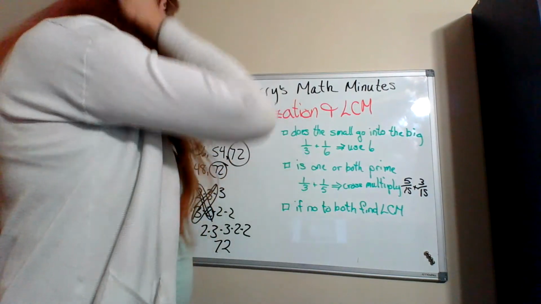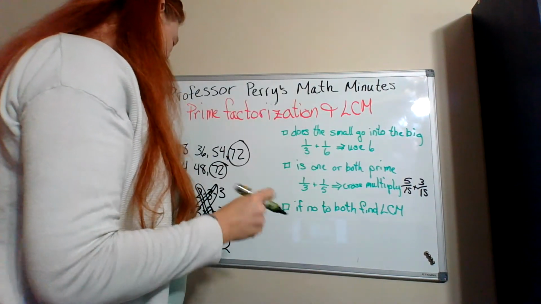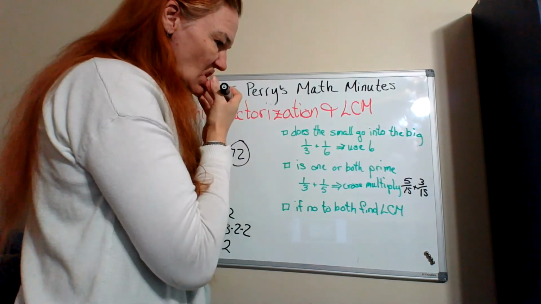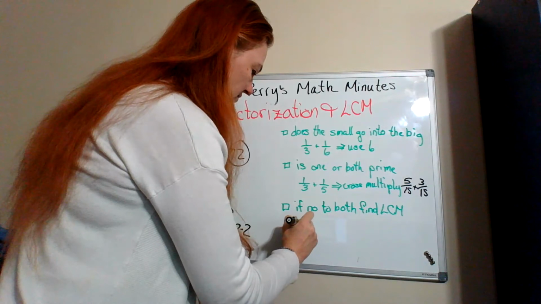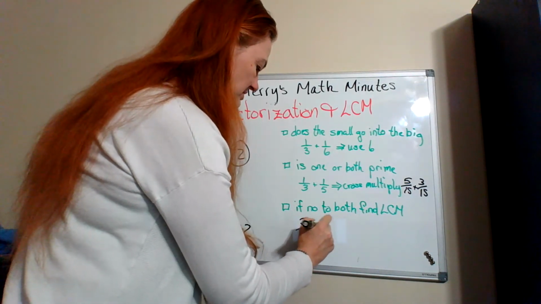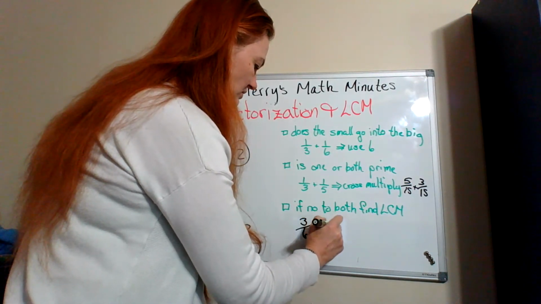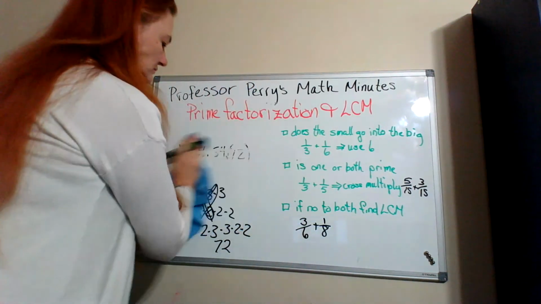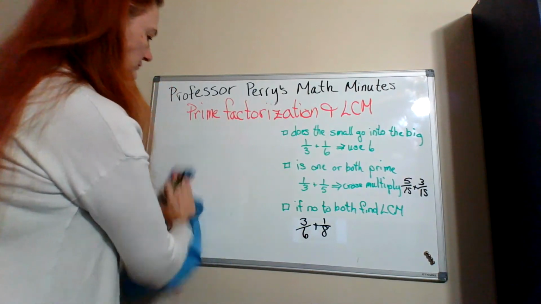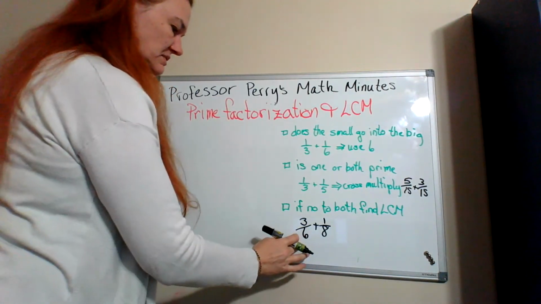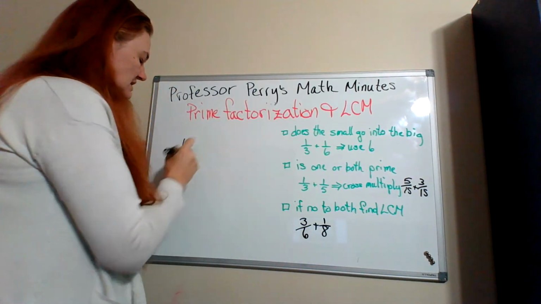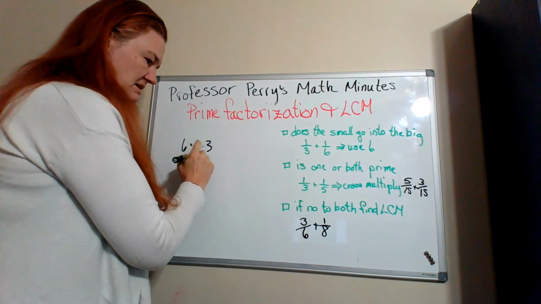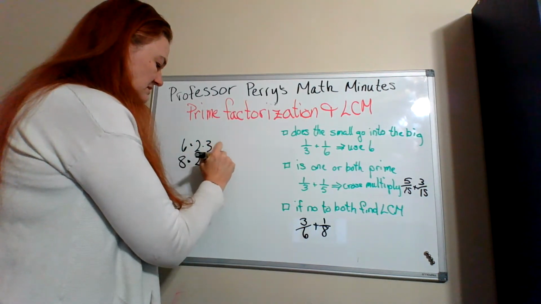So, for example, if I have 3/6 plus 1/8. Okay? So I know 6 is 2 times 3. 8 is 2 times 2 times 2.